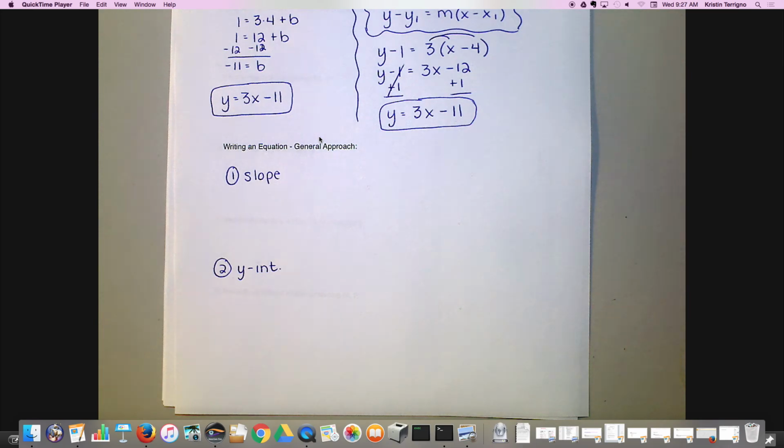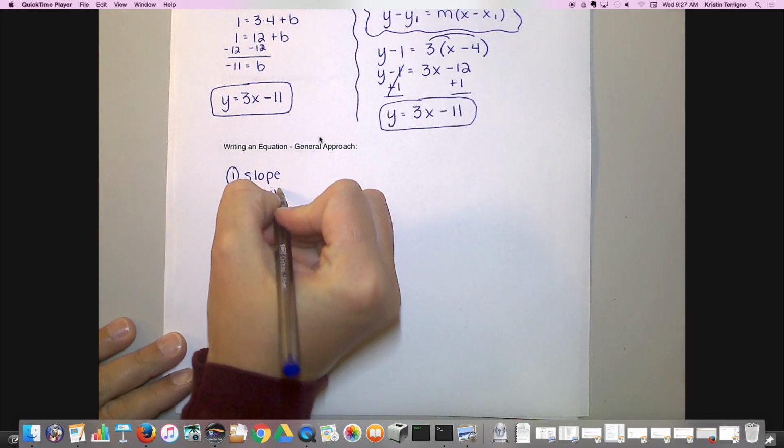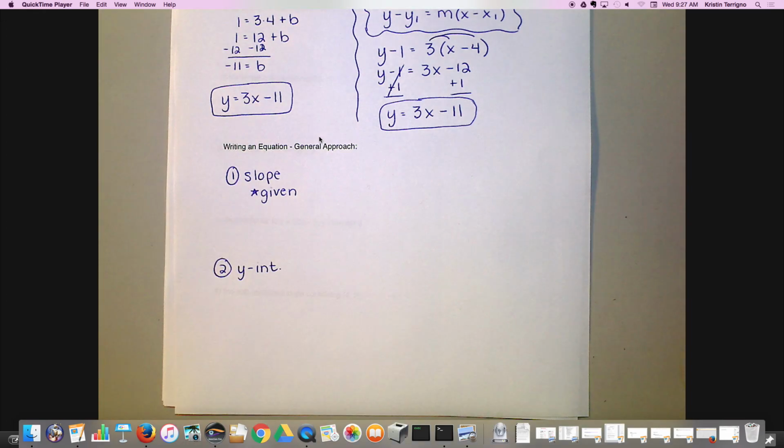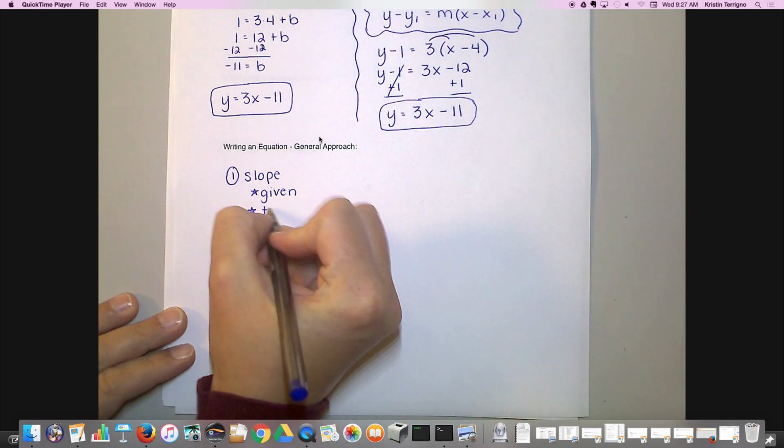The slope can be given to you lots of different ways. Okay, so sometimes it just gives you a slope. Sometimes it just says the slope is, like that problem we just did, it was just given to you, right? What if I give you 2 coordinates?